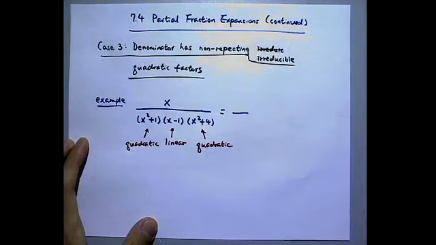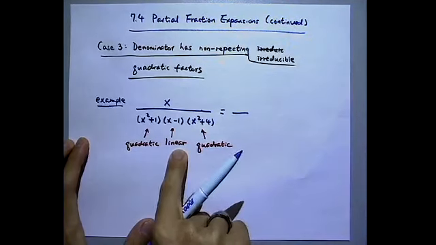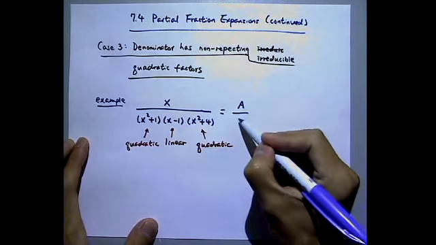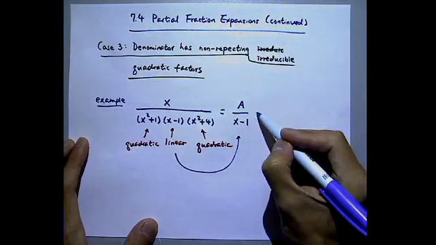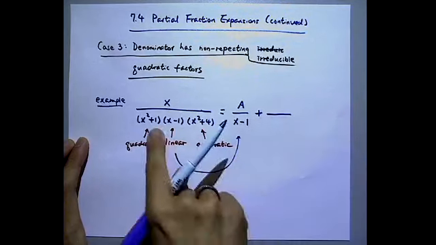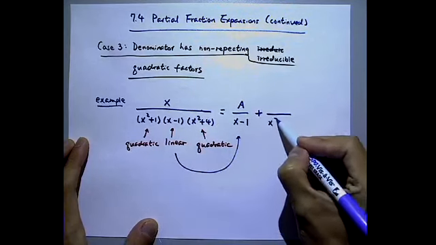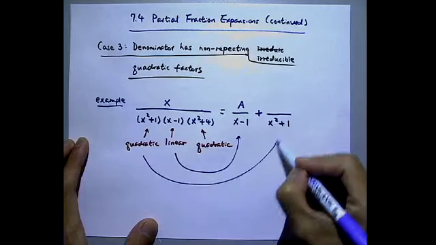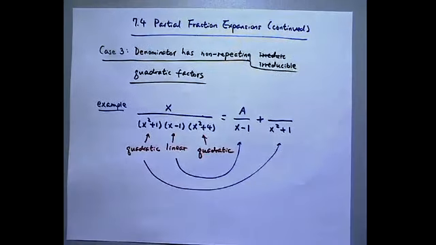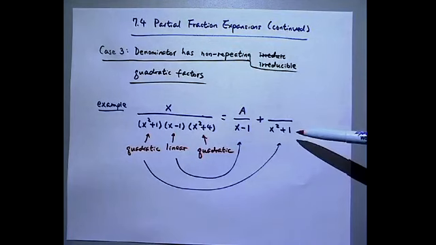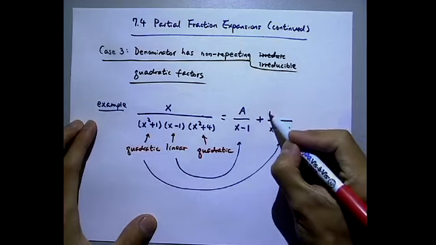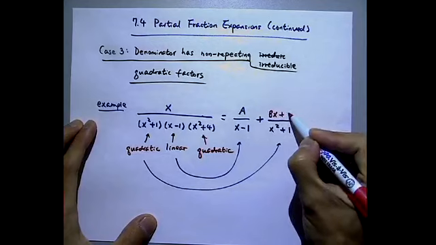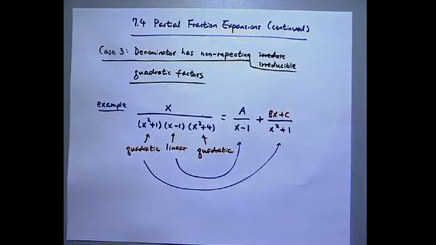And when you break this up, let's take care of the linear factor first. We get our A over x minus 1, right? So that's what this gives me. For the quadratic, x squared plus 1, what we put on the top is a polynomial 1 degree lower than this one. This is a 2nd degree, so we're putting a 1st degree, or Bx plus C. So you notice a pattern here.